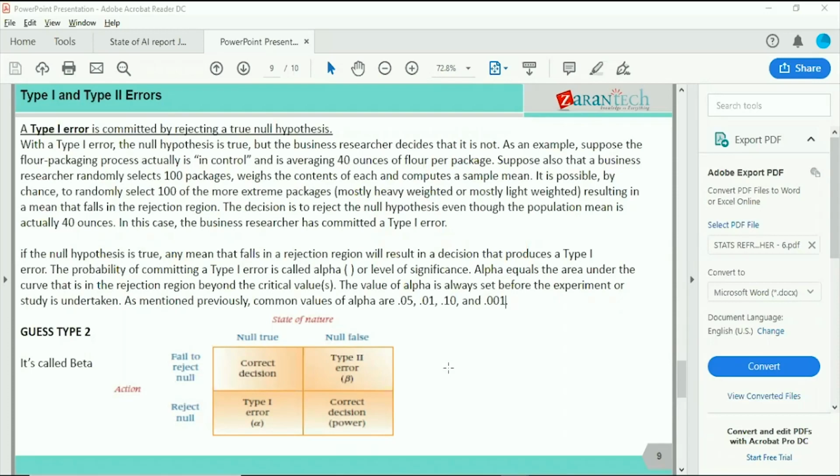Why will the other one not hurt? Aarti, you understood, right? Why type 2 will hurt the business most? Exactly. It will hurt, but it will hurt very less. We had to differentiate type 1 and type 2 errors because though both are errors, they have different impacts in different scenarios.